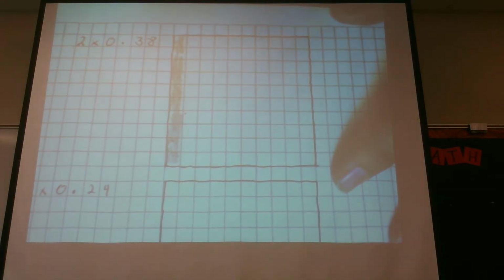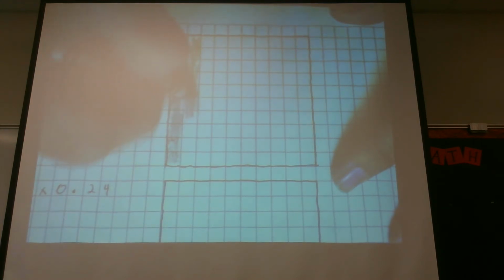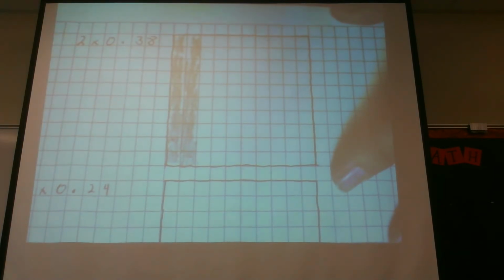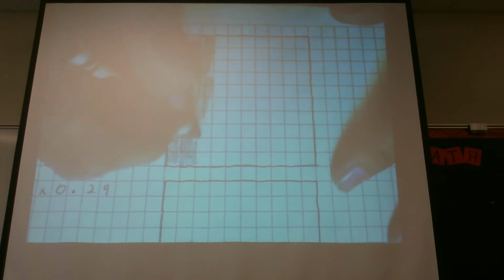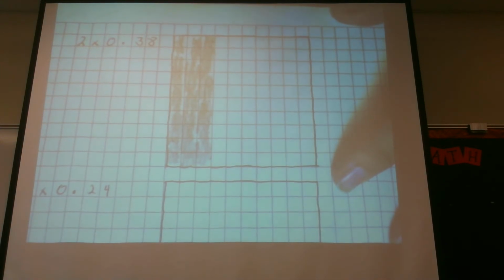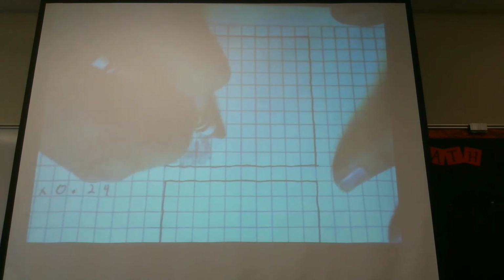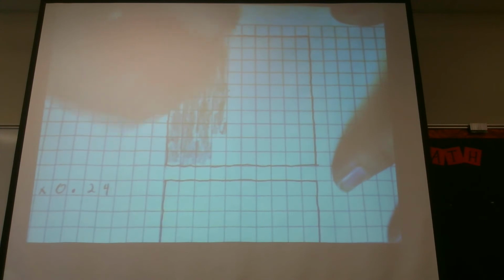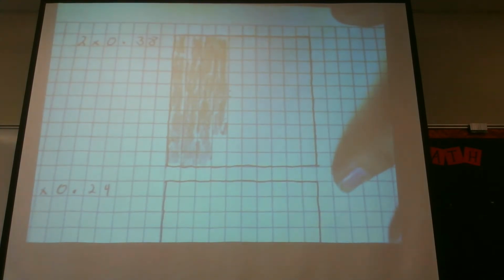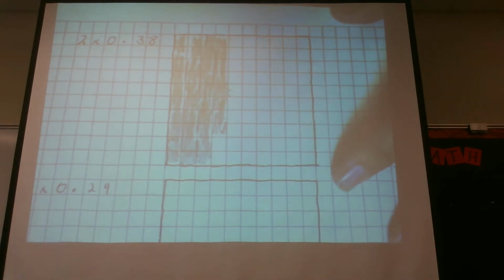So that's 10, that's 20, that's 30. And then we're going to color in 8 more. And that'll give us one group of 38 hundredths.